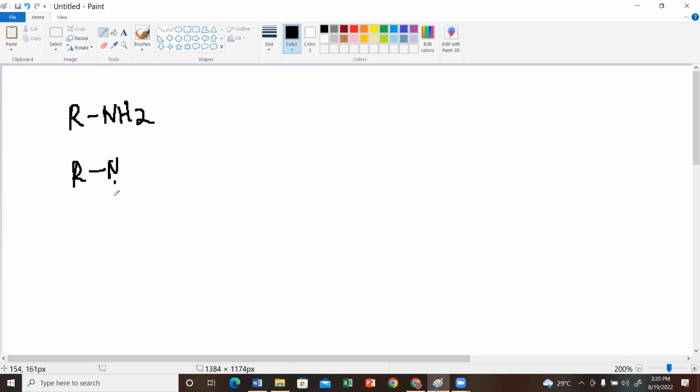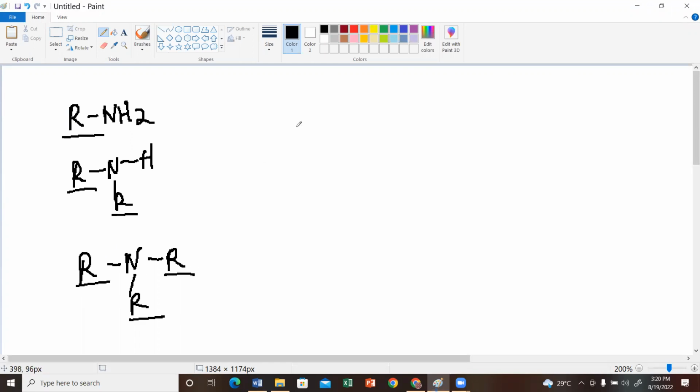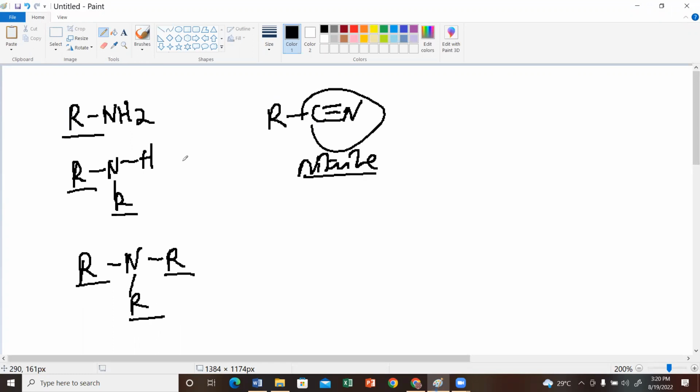R N R and H, it is secondary amine. R N R and R, it is tertiary amine. Primary, one alkyl group. Secondary, two alkyl groups. Tertiary, three alkyl groups. Then we discussed R C triple bond with N. Cyanide group is known as nitrile. This one is nitrile. This one is amine.